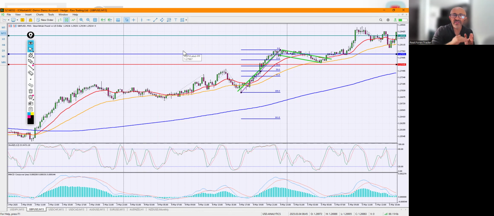Remember that there is always impulsive, correction, impulsive, correction. And according to the theory, sometimes the impulsive movement after the correction somehow mimics the previous impulsive movement. That is the reason it's very aggressive. We don't know for sure. Okay. So that is another way.